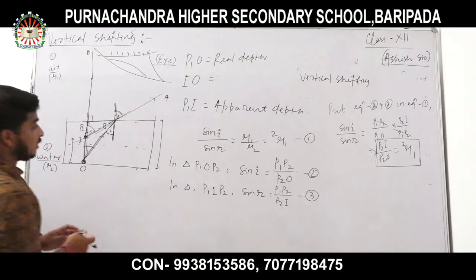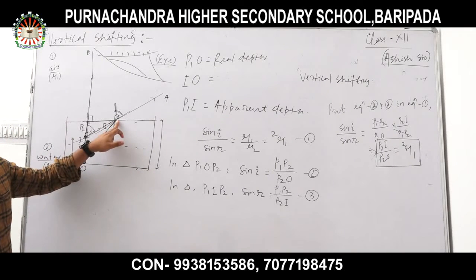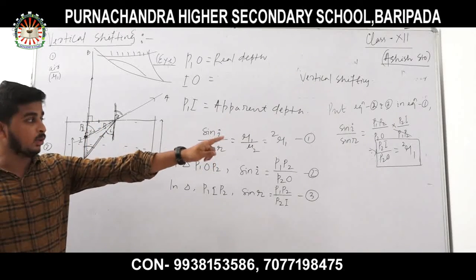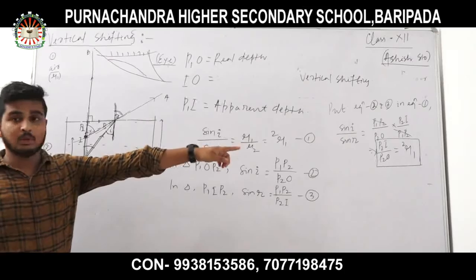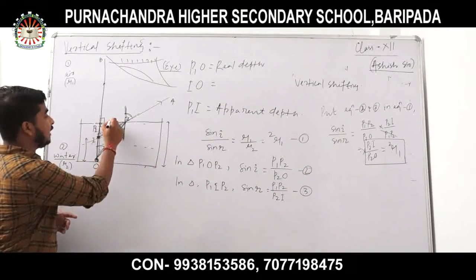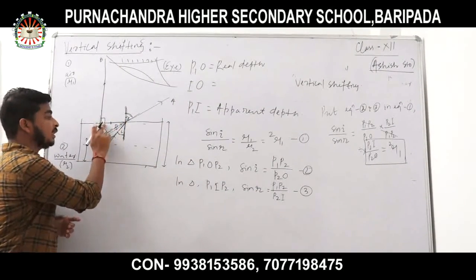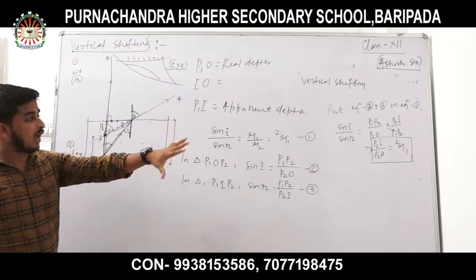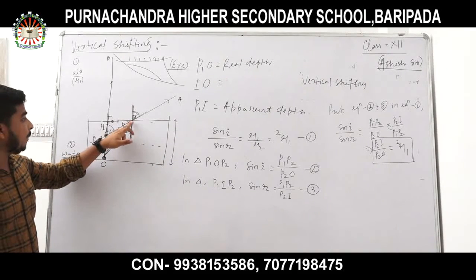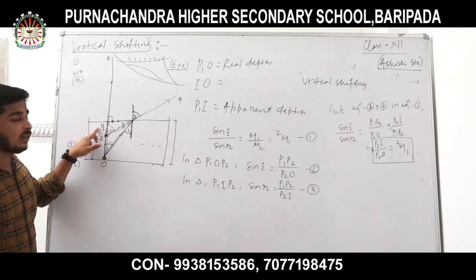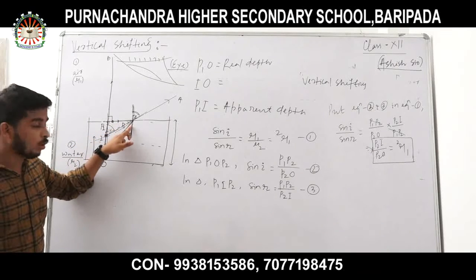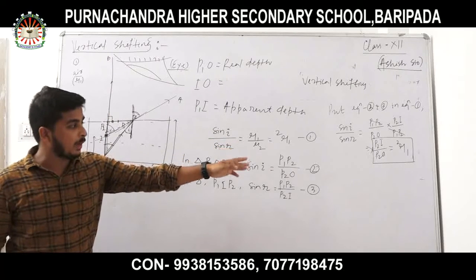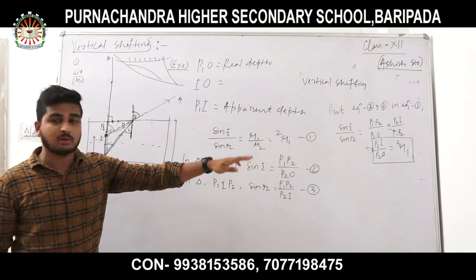Now, suppose the point P2 is not here, but suppose it is here. Then the expression is the same: P2I by P2O is equal to mu of 1 with respect to 2.